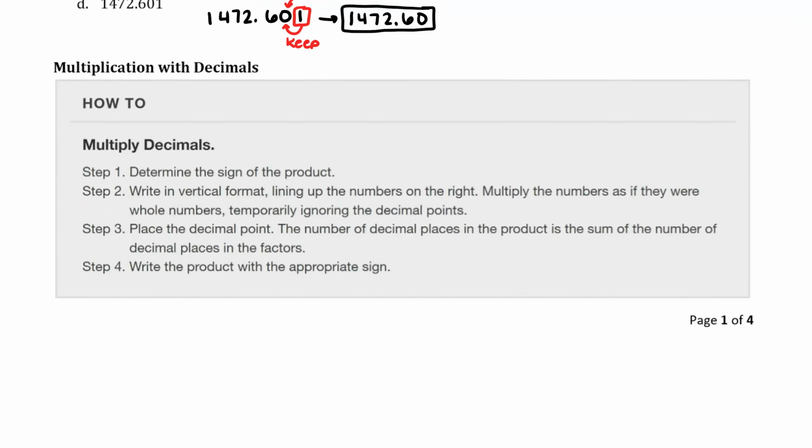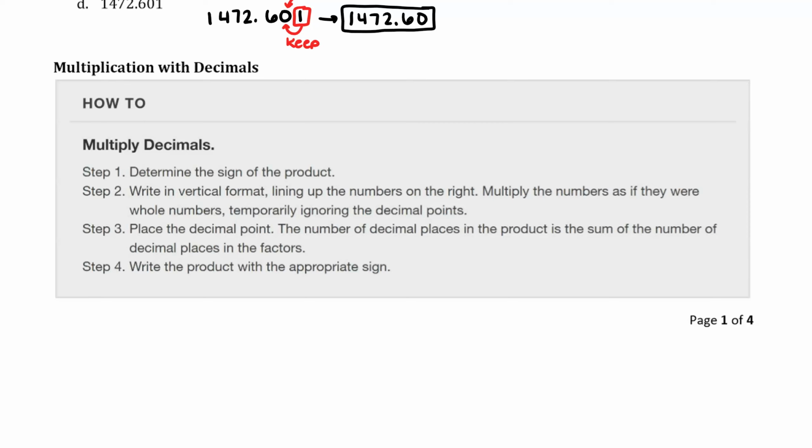So now let's get to how to multiply with decimals. This comes from the section that we give you to read about multiplication and division with decimals. And by that point, the decimals are either positive or negative. So you'll see here it says step 1, determine the sign of the product.